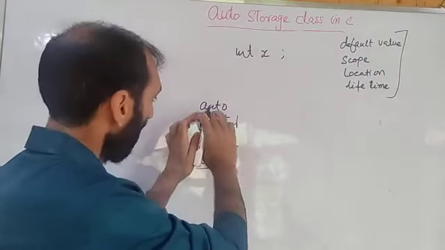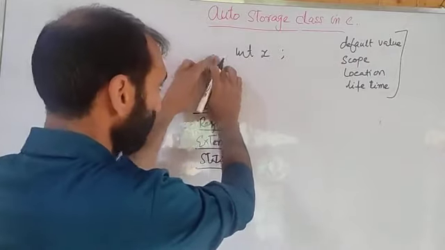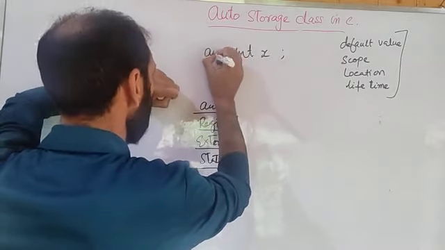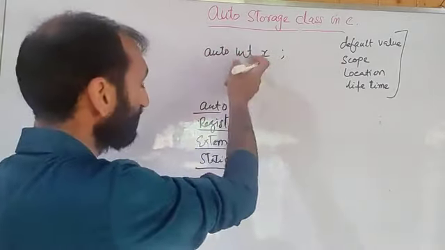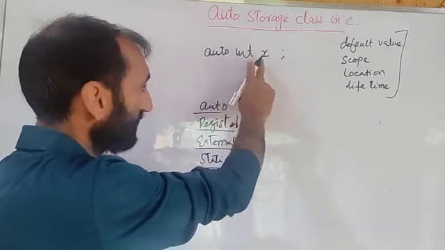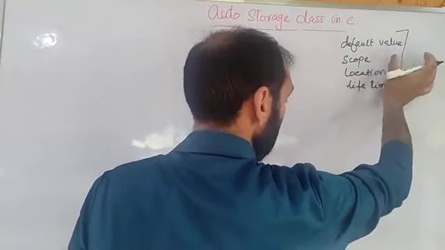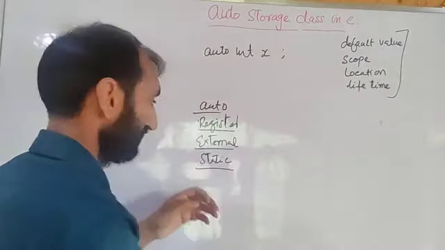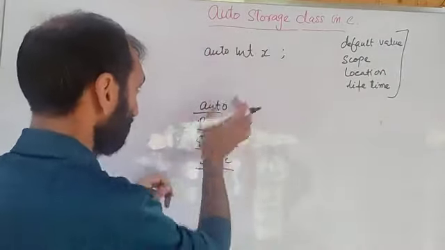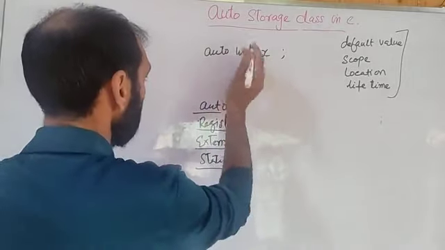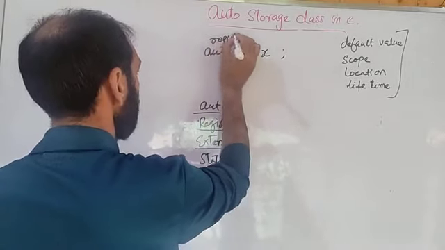When we declare auto here, that means the storage class of this integer variable is auto. These values would be something different than if I show register here, for example, storage class register.